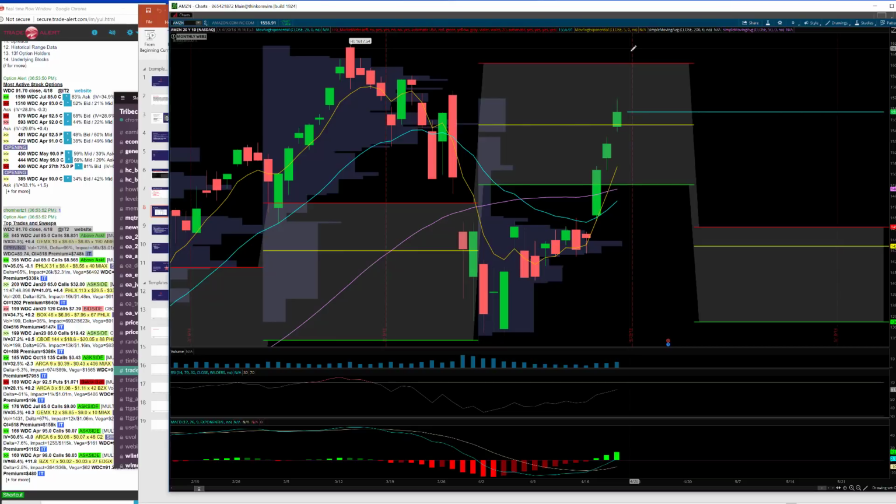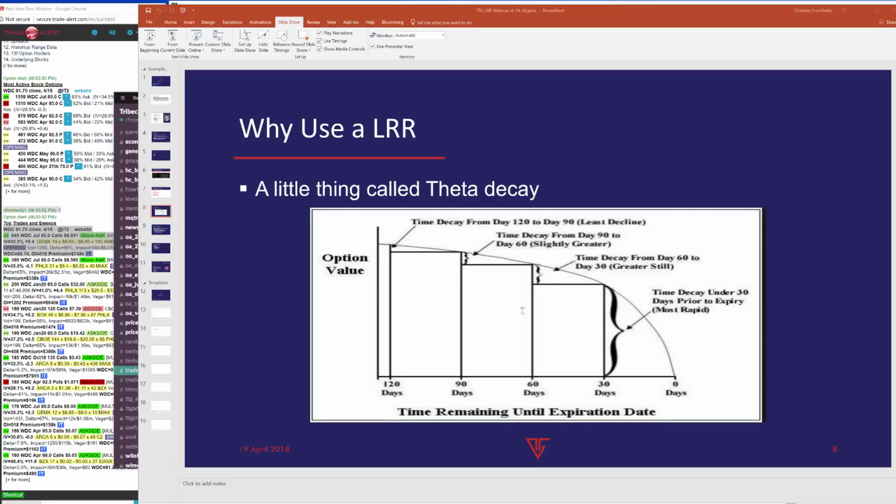So going back to, do you want to be doing this in a low volatility environment? You can. There's always going to be this theta decay. But if we're trading at an 11 or 12 or 13 VIX, your option prices are not going to be that bloated.